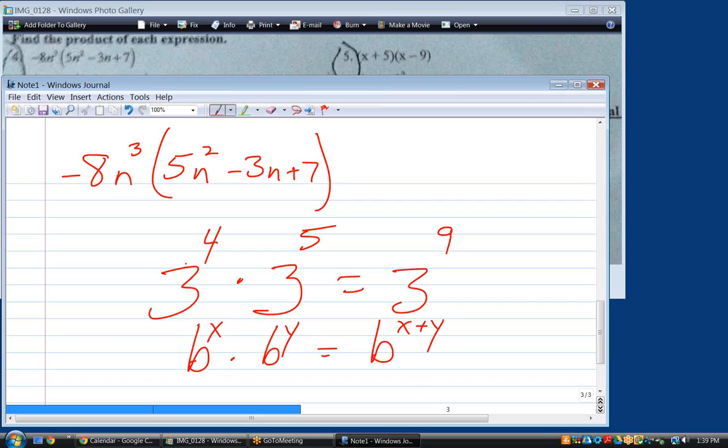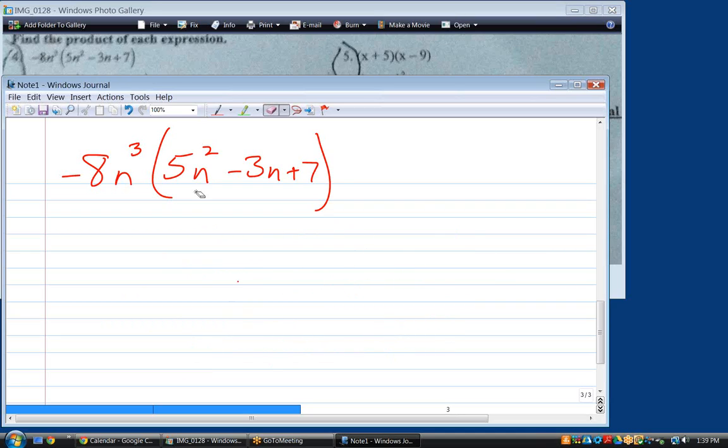So if you have the same base multiplying together, then you add their exponents. The base here is n, not 5 and 8, that's the coefficient. So if I multiply 8n cubed times 5n squared, I'm going to get minus 40n to the 5th, because I'm going to add their exponents.